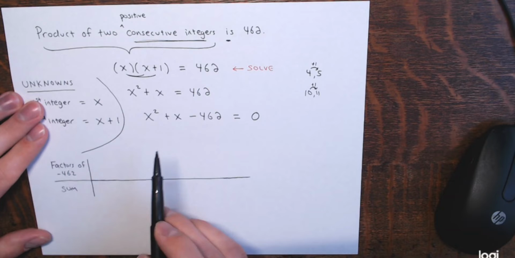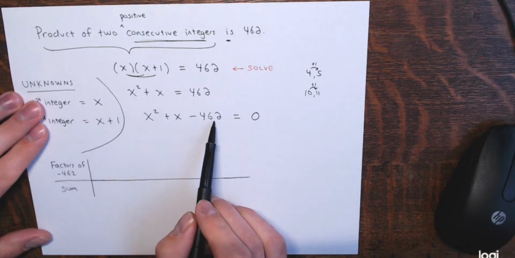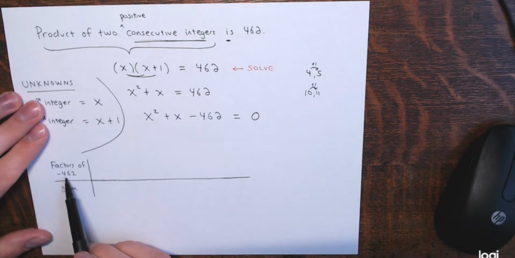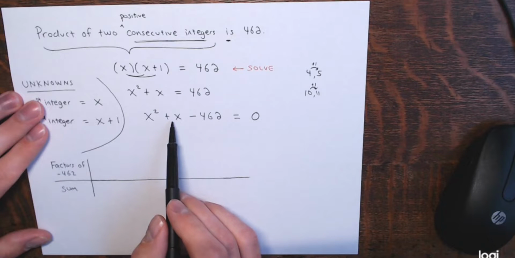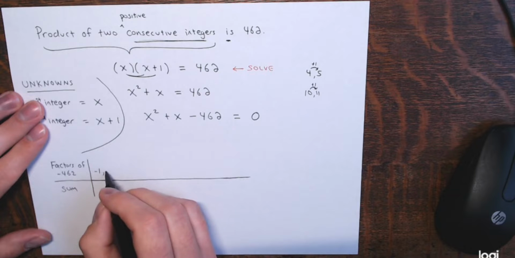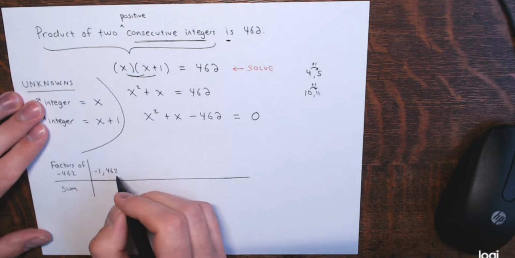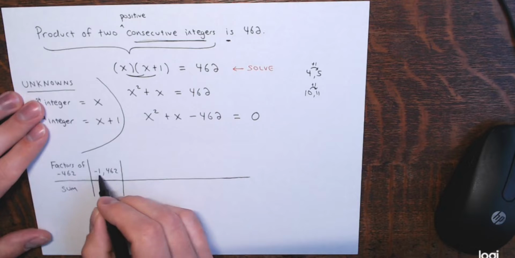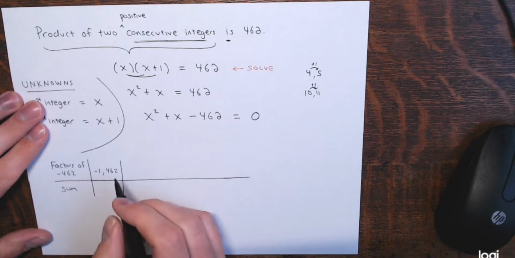Now, if the number we're breaking down is negative, that means one factor has to be negative, one factor has to be positive, and I would like the sum to be positive 1. So I'd like the positive factor to have a bigger magnitude than the negative factor. Like negative 1 and positive 462. Those multiply to be negative 462, but they add up to be 461.